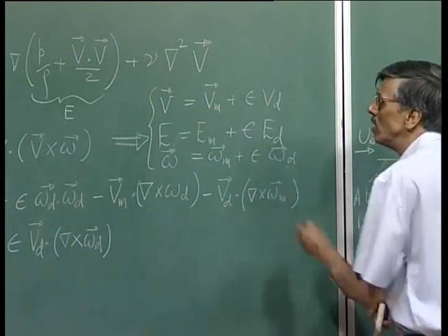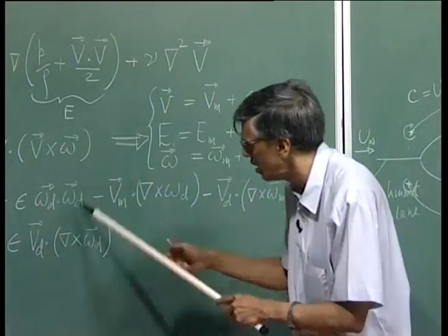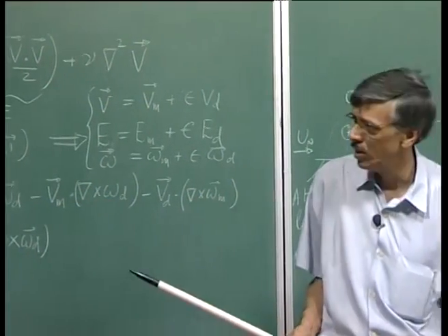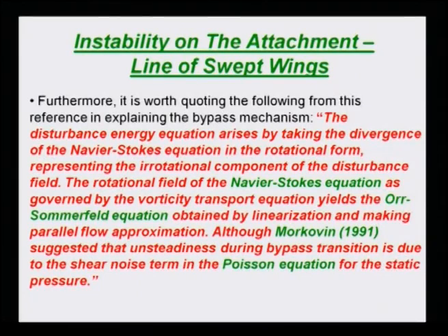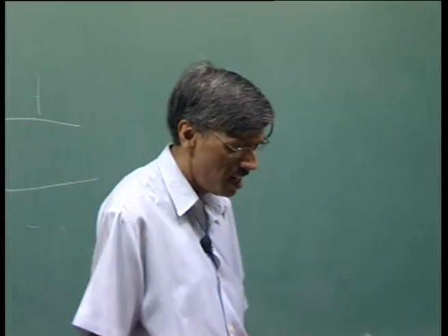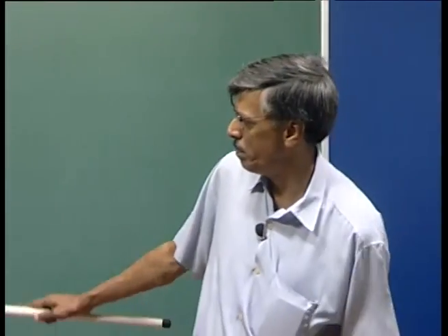If we do this, then this equation represents this. So that's the first part. What we are talking about, that rotational field of the Navier-Stokes equation as governed by the vorticity transport equation yields the Orr-Sommerfeld equation. So essentially, this is the parent equation.